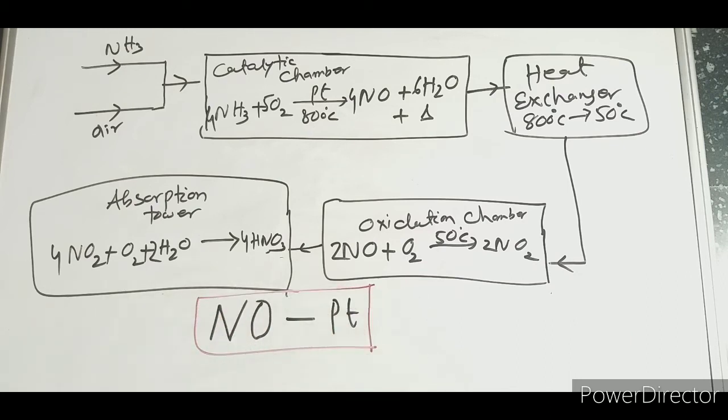N stands for nitric acid. The name of the process is the Ostwald process. The first product is NO. The catalyst is platinum. So, no PT.